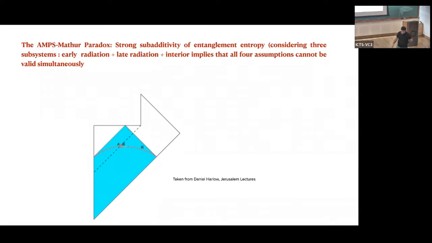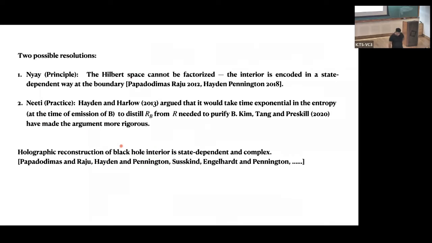That was the argument of Harlow and Hayden in 2013: if you want to distill the factor that is maximally entangled, it would take exponentially large time. Then Tang and Preskill made this argument more rigorous. So there are two ways to look at it.